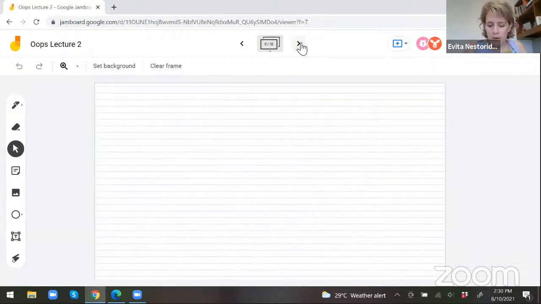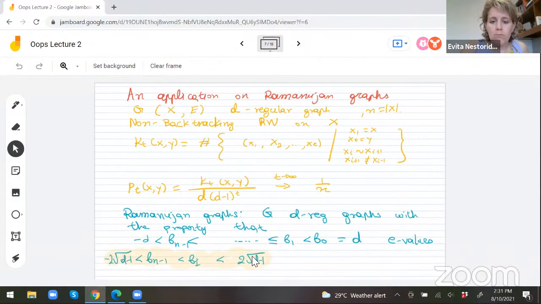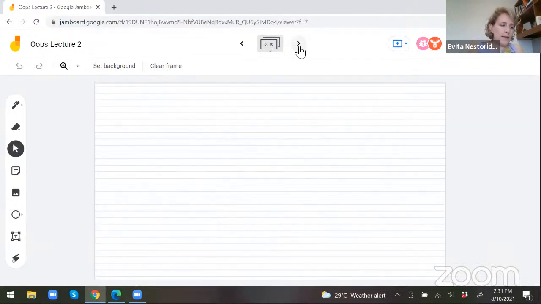Why do we care about these things? Are they made up? Where does this quantity 2 square root of d minus 1 come from? Well, basically this bound. So let me write it again. The restriction was that we had everything here, maybe with equality, sorry, I should have put equality earlier, for every i other than 0.